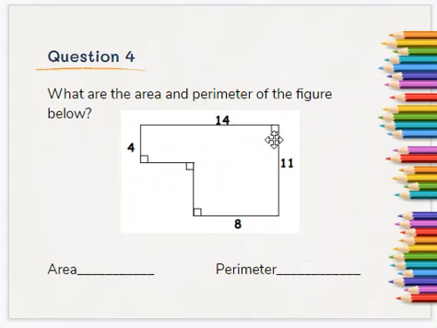In this case, you may need to separate your polygon into 2 smaller polygons in order to determine the area of the overall polygon. And then the perimeter, remember, perimeter is the total length of your outside edges of each part of your overall polygon.